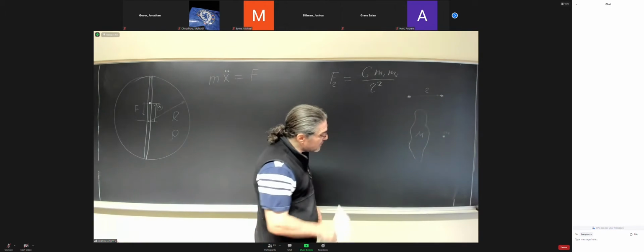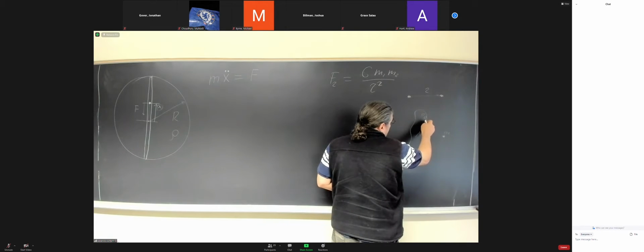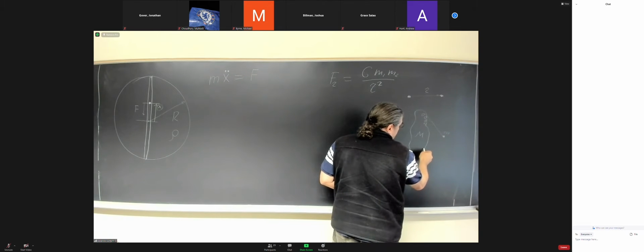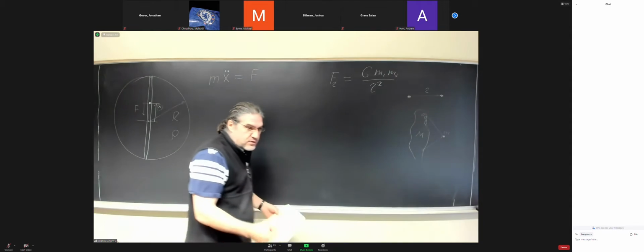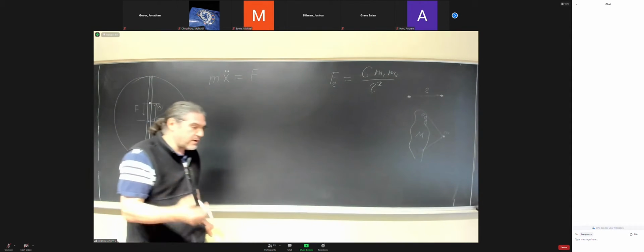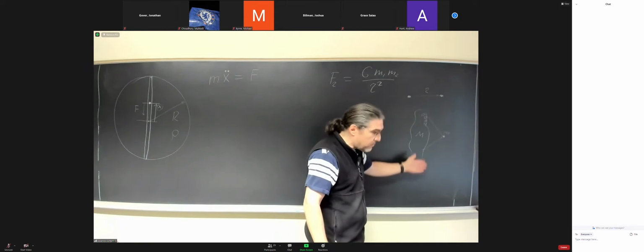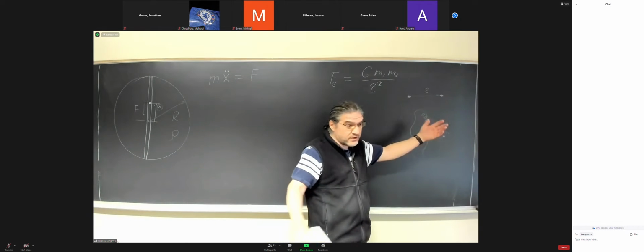So what you need to do in this case is take this object and split it into little pieces. Then you know the force from each piece, and then you sum up all the forces. That's called integration, and you need to worry about vectors and so forth, since summing up forces means summing up vectors. Then you can use this formula to compute the force between an extended object and a point-like one, or between two extended objects.